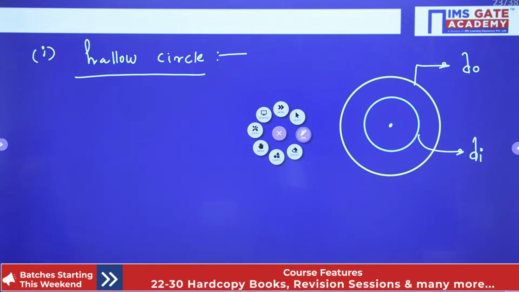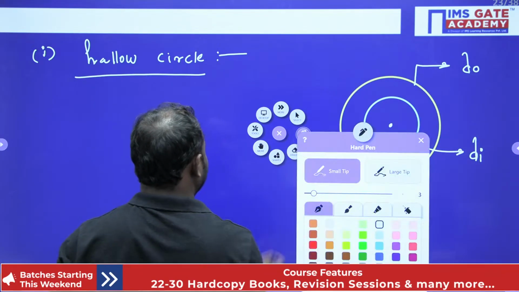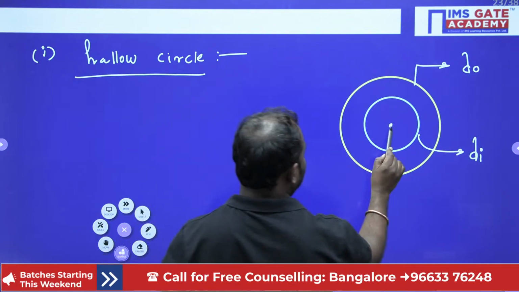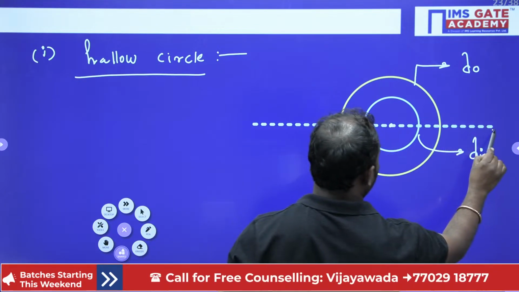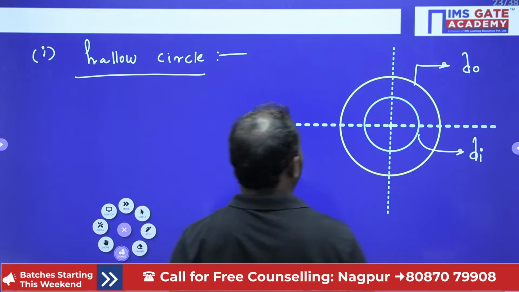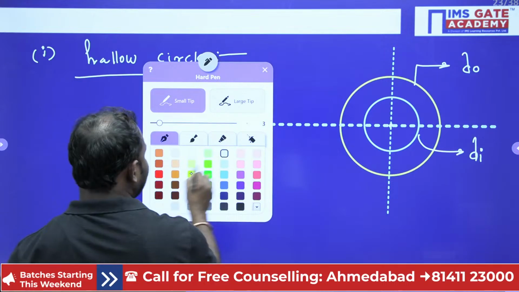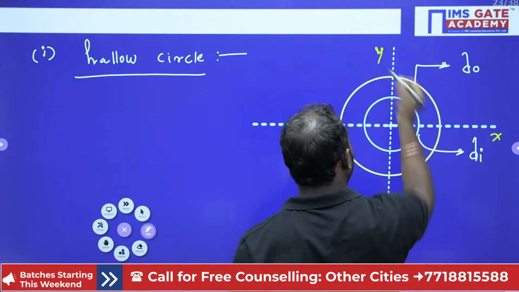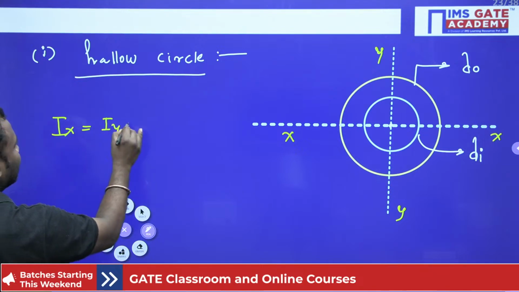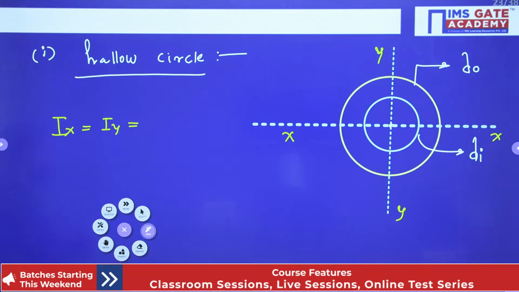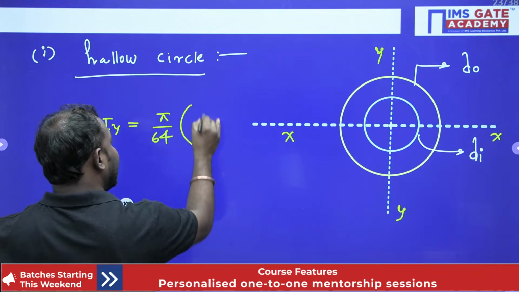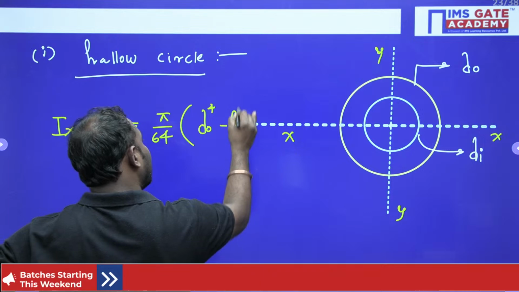Now if I wanted to calculate the moment of inertia about the x axis and y axis for this hollow circle, then Ixx is equal to Iyy, which is pi by 64 into d naught power 4 minus di power 4.